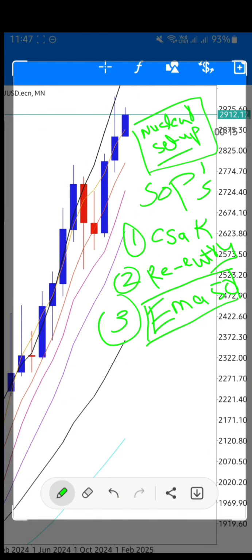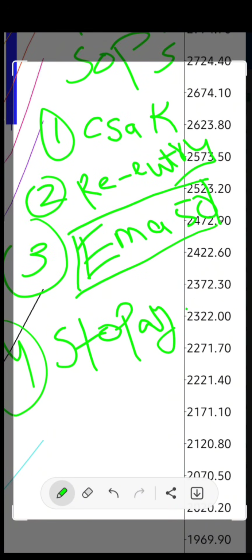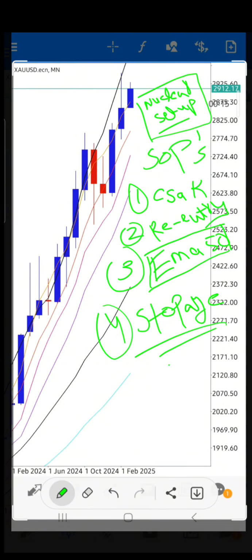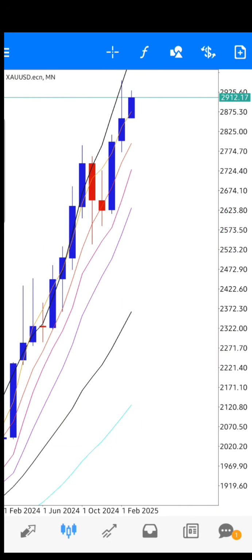The next one is the stoppage, which we use for more confluence. You can gain more confidence when you are trading a nuclear setup. So keep in mind these things when you are trading a nuclear setup: CSAK, re-entry, EMA 50, and the stoppage. So let's move on to the examples.